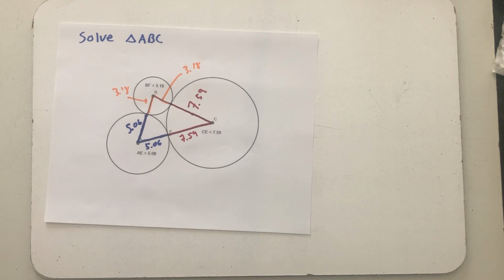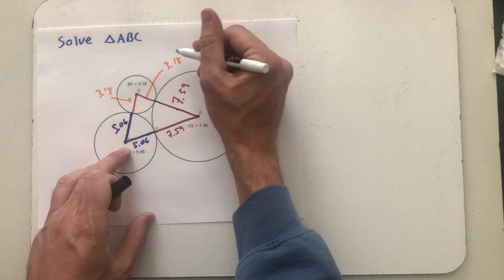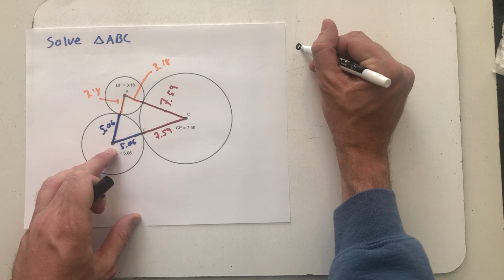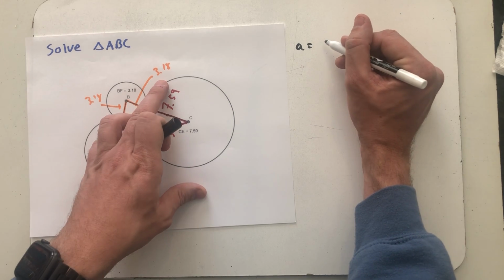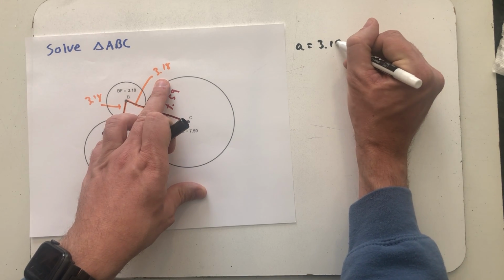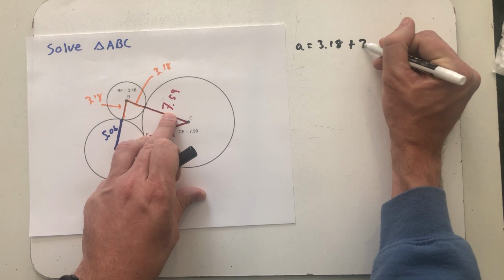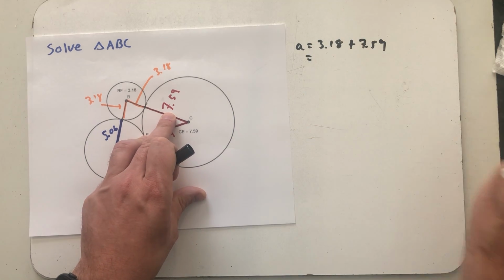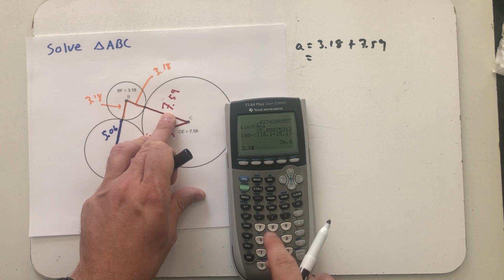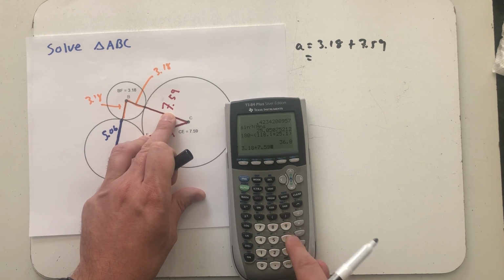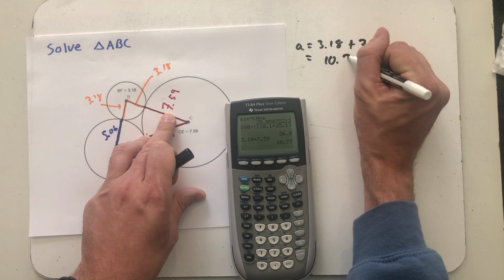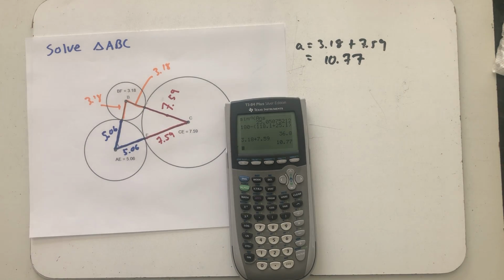And so if I think about it, side A over here, across from angle A, that length would be the sum of that 3.18 and 7.59. So side A's length, 3.18 plus 7.59, comes to 10.77, whatever units we're dealing with.